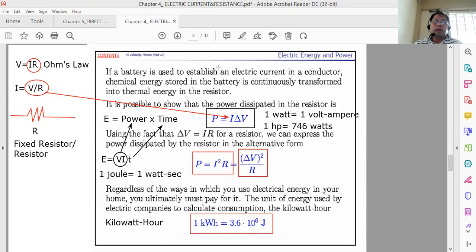However, in our homes we don't use joules, because at the end of the month, if the unit that we are using there is joule, we could have an energy consumption in our house that will reach millions of joules every month.